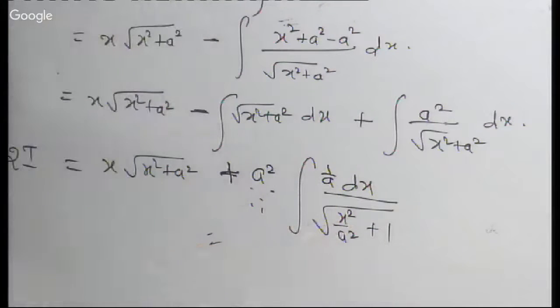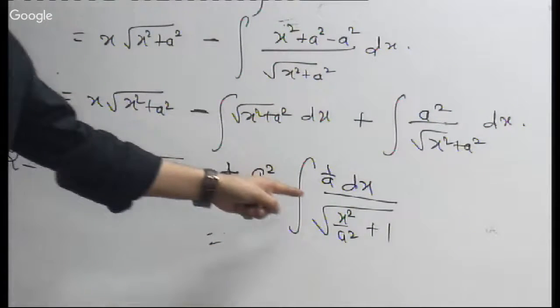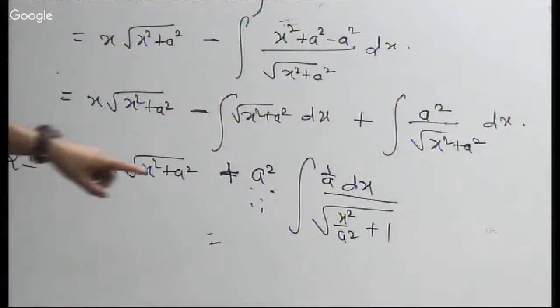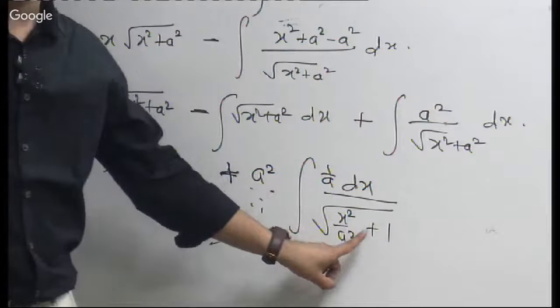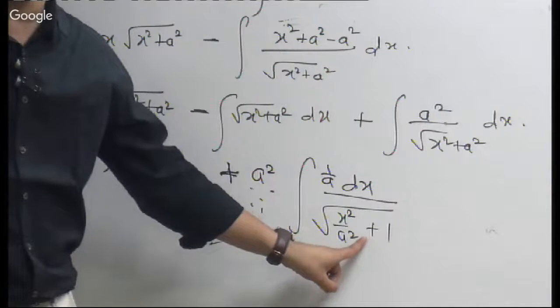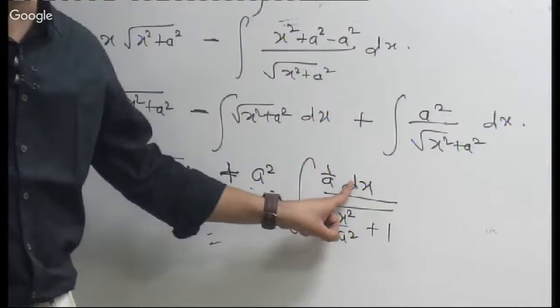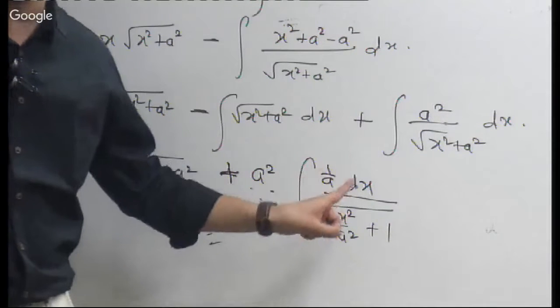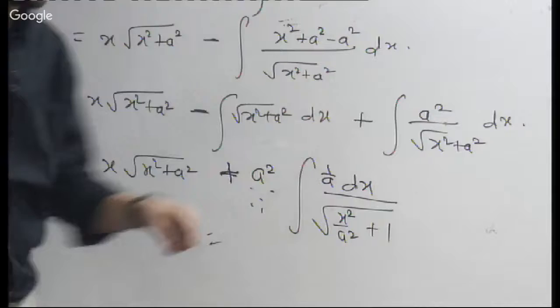So I can see this is nothing but dt upon under root 1 plus t square. Whenever we see 1 plus t square, what do we take as t? Tan theta. So it will become sec square theta upon under root sec square theta, so sec square theta and sec theta cancel, and what remains is sec theta. That is log of sec theta plus tan theta.